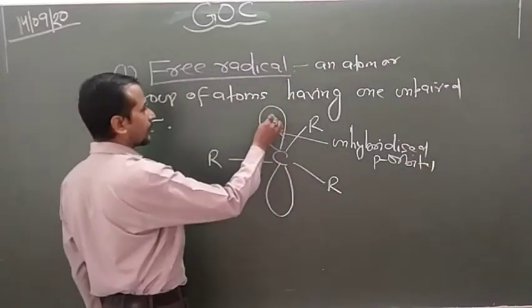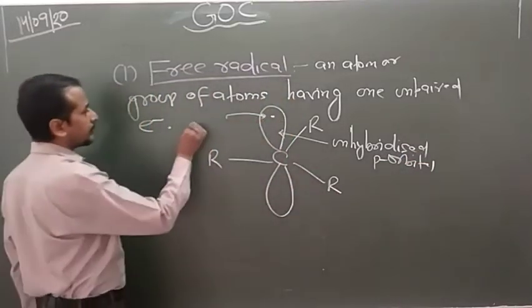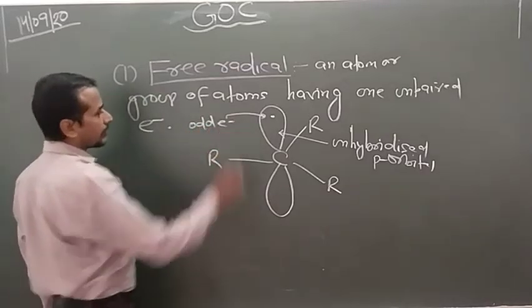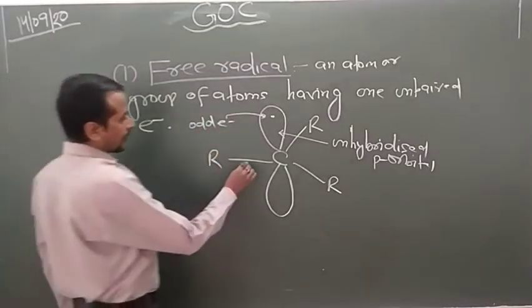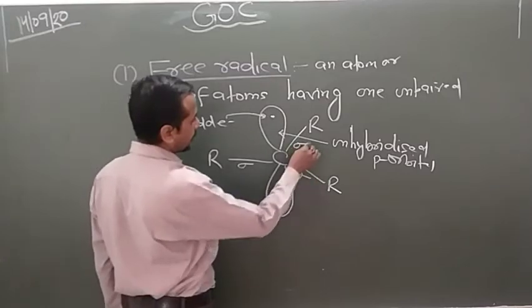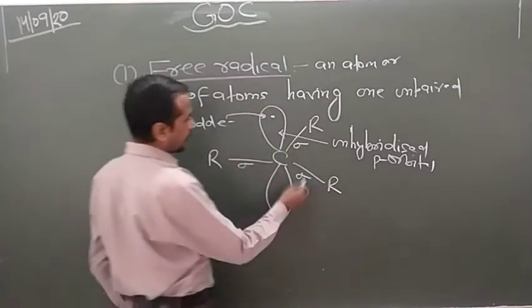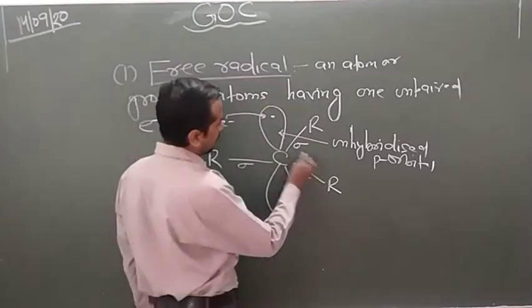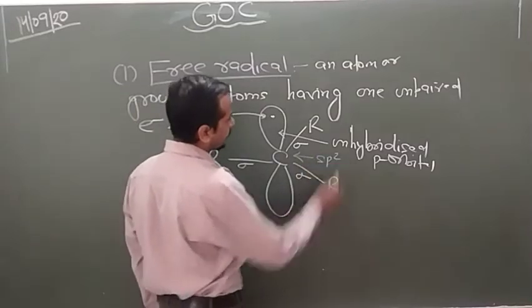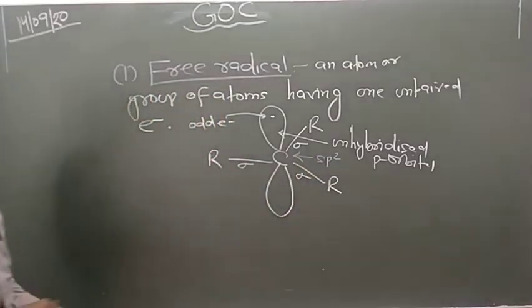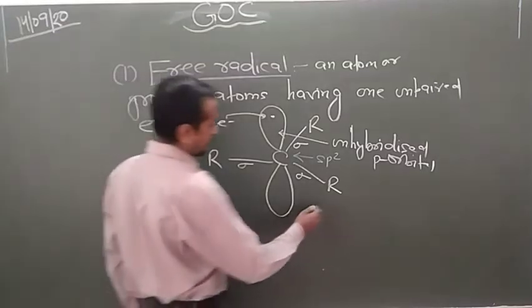This contains one electron. This electron is specifically known as the odd electron or unpaired electron. Here sigma bond, sigma bond, sigma bond. So due to the presence of 3 sigma bonds, the hybridization of this carbon is sp2. So this is the orbital diagram of free radicals.